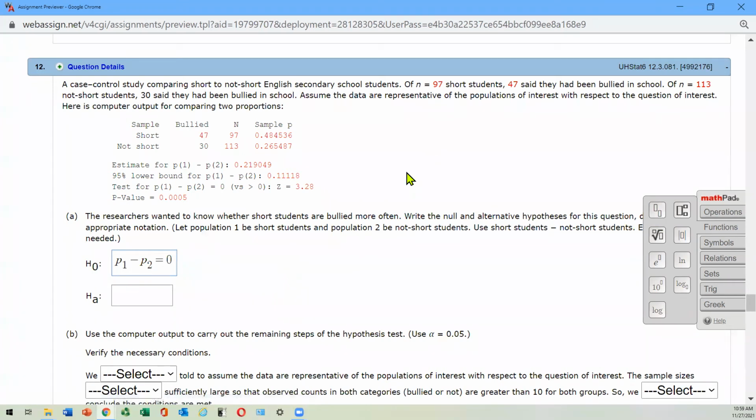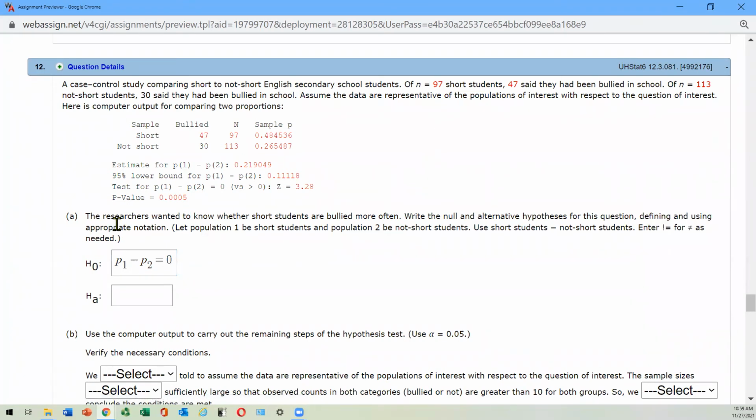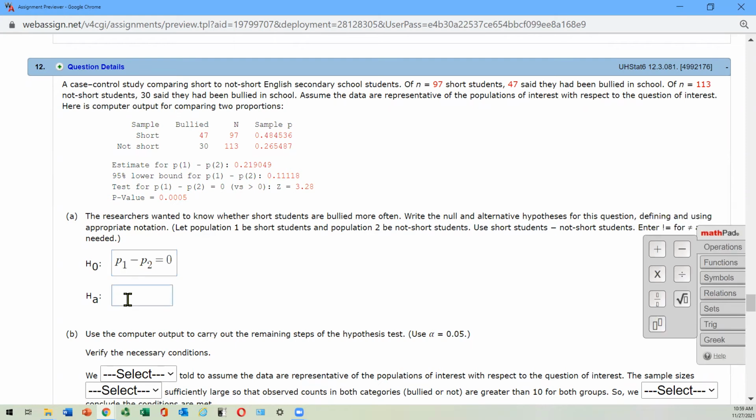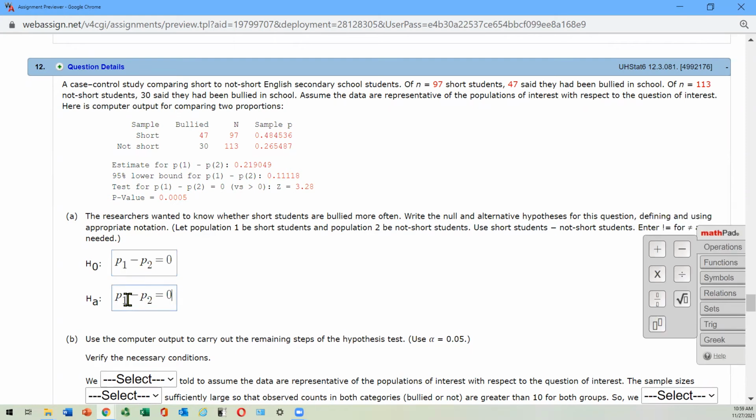And we are interested in setting up a hypothesis test to prove this. The researchers wanted to know whether short students are bullied more often. So P1 is the short students, what percentage of them were bullied. So we want to see whether there's evidence to prove that P1 is bigger than P2.